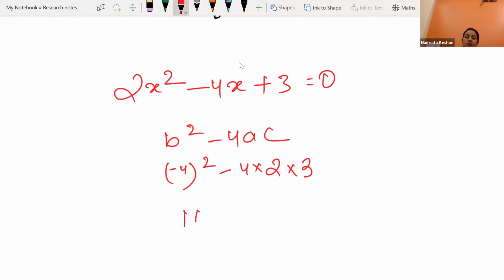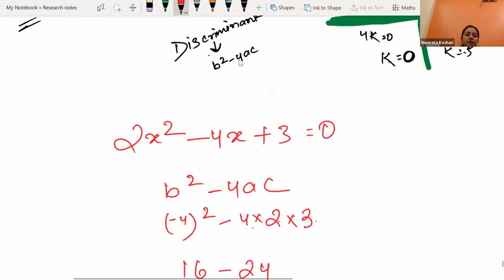So 16 minus 4 times 2 times 3, which is 24. 16 minus 24, negative we are getting, which is smaller than 0.